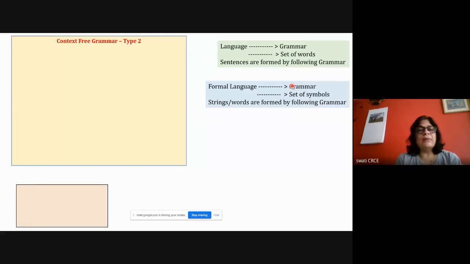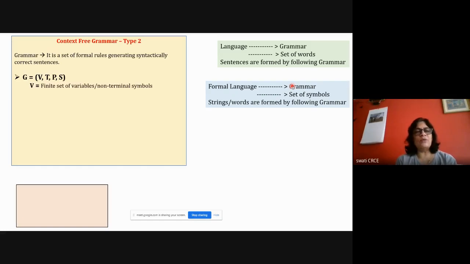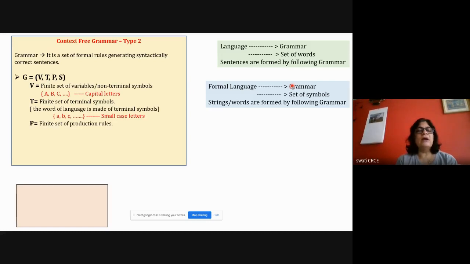And context free grammar is the type 2 grammar as per Chomsky hierarchy. It gives you the rules how to form the words of the language. It is V, T, P, S, where V is a set of variables, T is a set of terminal symbols, that is small case letters. V is the capital letter, T is the small case letter, P is a set of rules, S is the starting symbol.